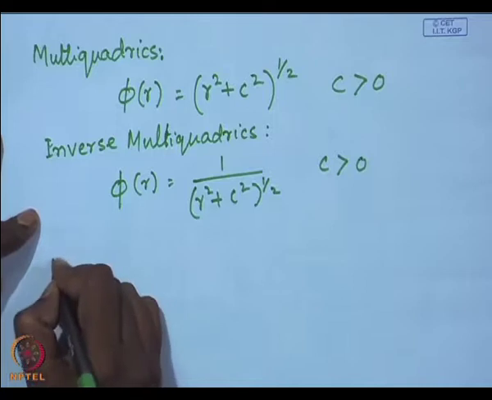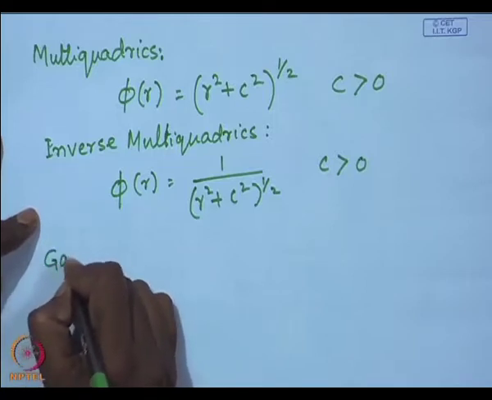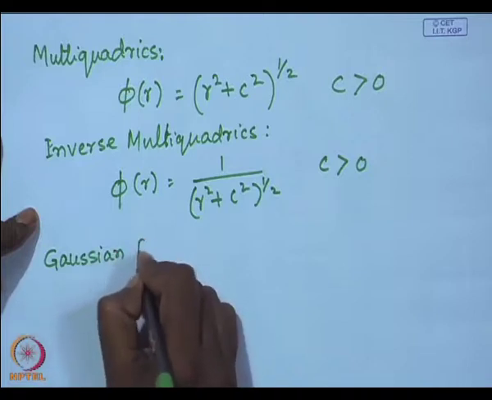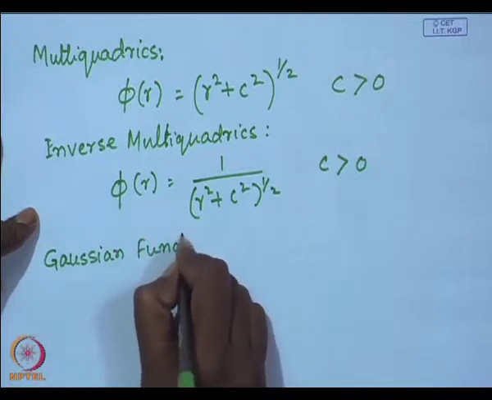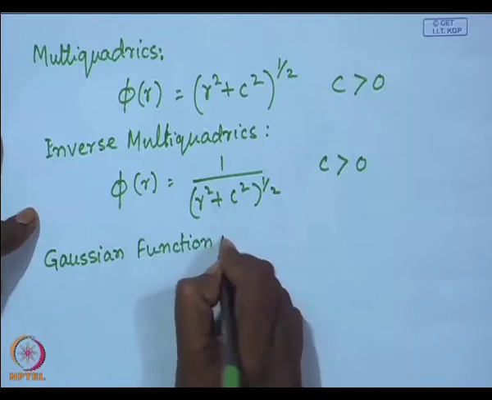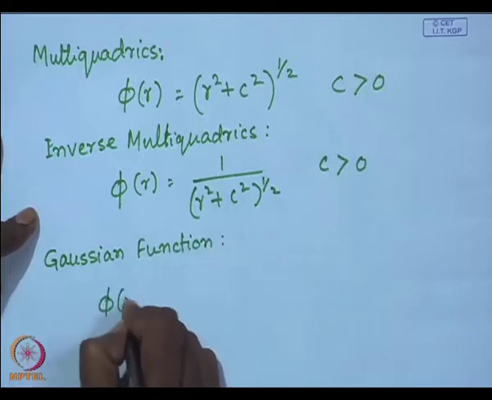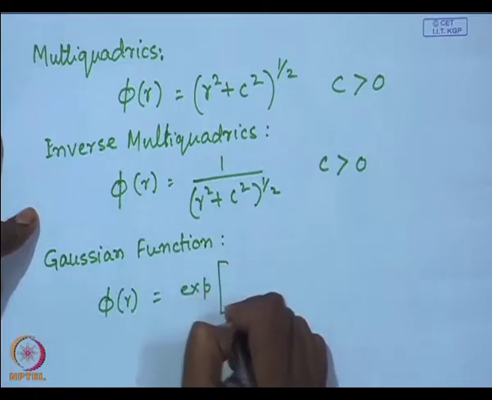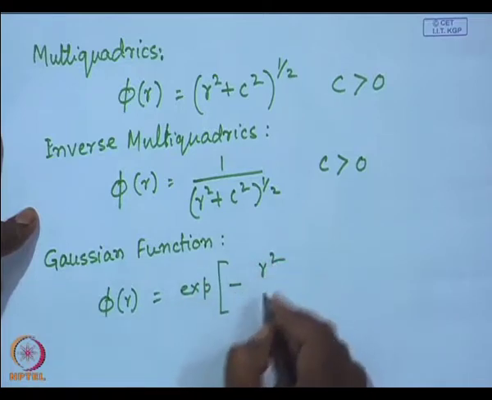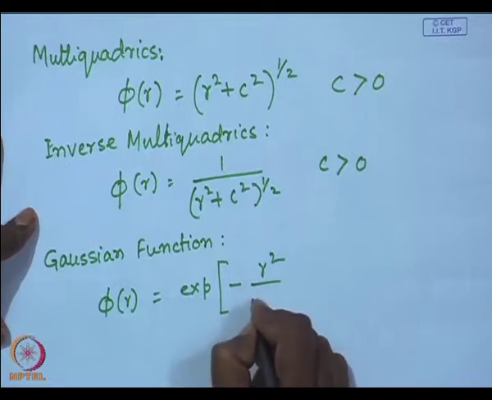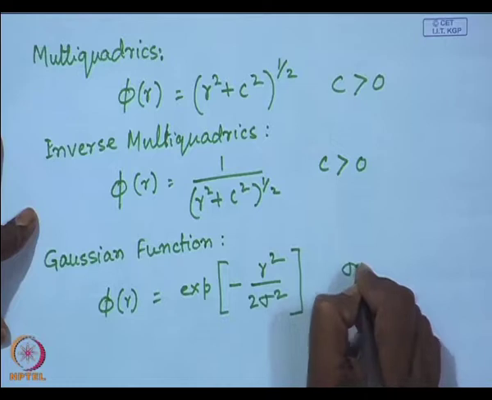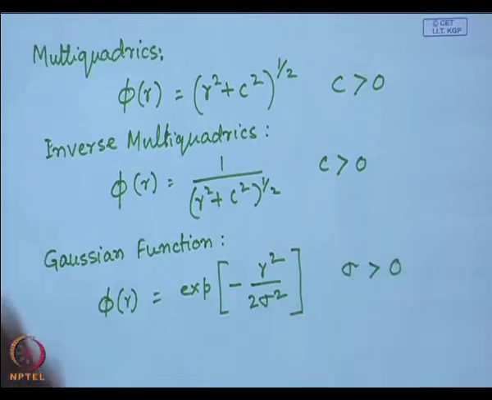I can also use Gaussian functions, where phi of r is given as exponential minus r square upon 2 sigma square for sigma greater than 0.